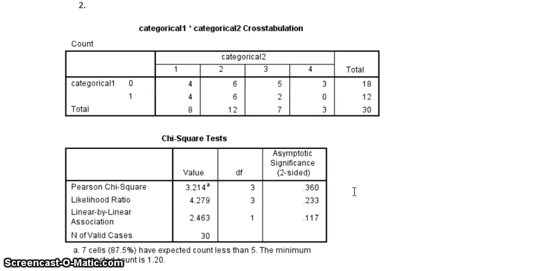H0 that the two categorical variables are unrelated. H1 that the two categorical variables are related. You'd state your test statistic, that chi-square is 3.214, and you'd state your p-value, that p is 0.360, and then you would take your conclusion from there.